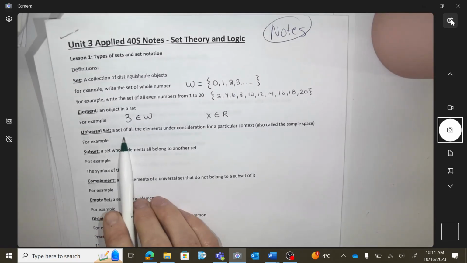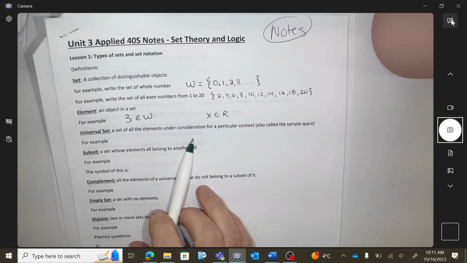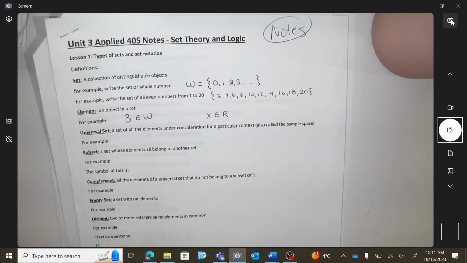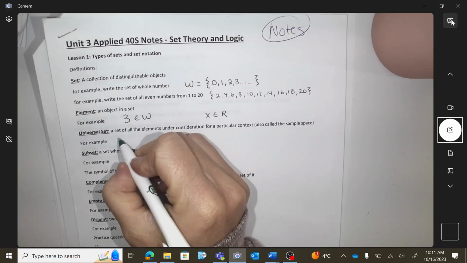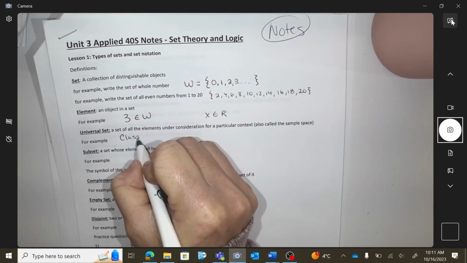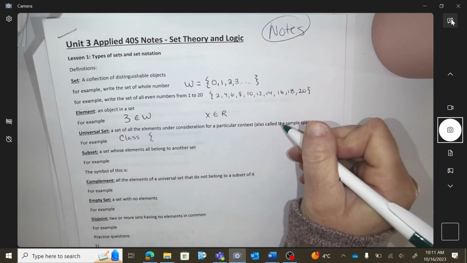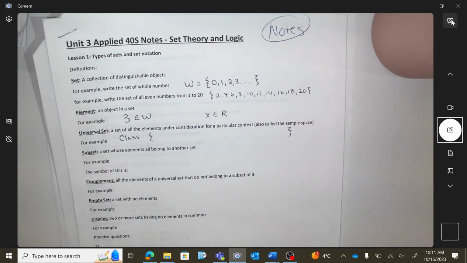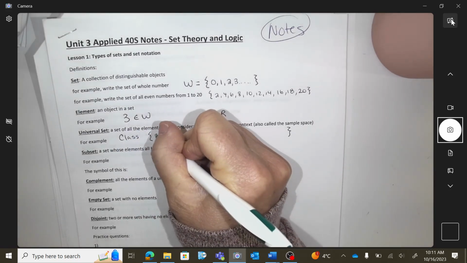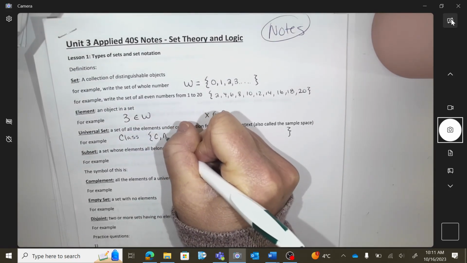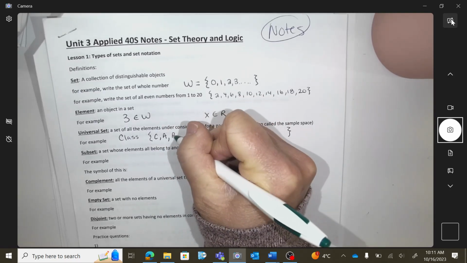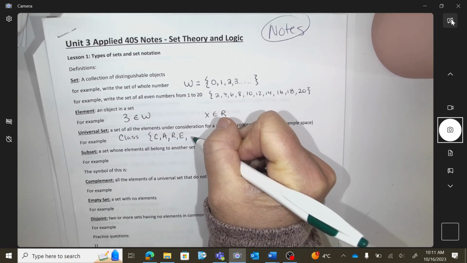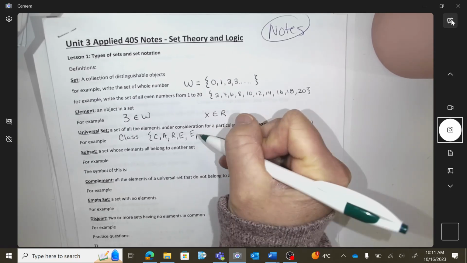A universal set is a set of all the elements under the context. So if I was to list the set of this class, the universal set, I would have to have all 18 of your names in there. Let's just do, for instance, the first letters: Caius, Aiden, Ryko, Evian, Elon.